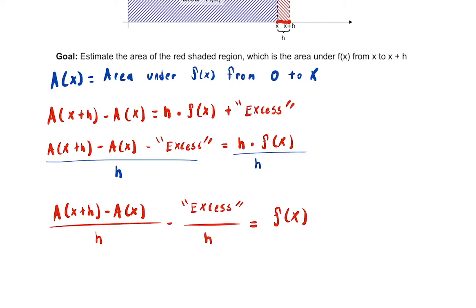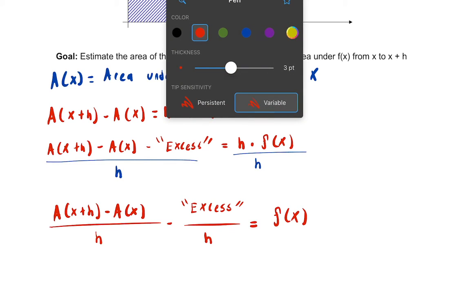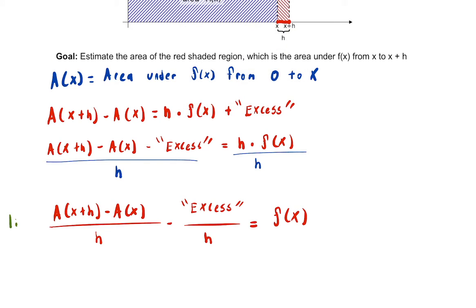Now, it turns out that if you take the limit as h approaches 0 of both of these sides, as you get smaller and smaller and smaller, this portion right here heads to 0, it turns out.